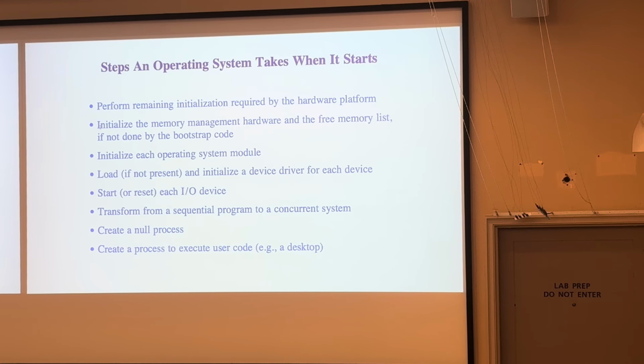And you initialize the memory management hardware and the free memory list. This is to prepare for the memory management unit, so that the OS can really start allocating memory. And then initialize each OS module. In the OS, you have the network module, memory management, and the file system. All of these modules will need their own initialization.